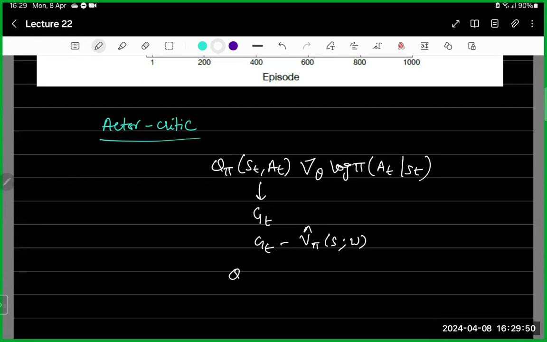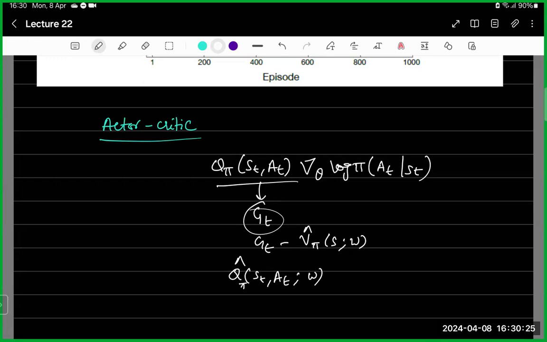If you just use some estimate for Q pi and substitute that instead of Q pi, that is also an actor-critic algorithm, right? Because here we are just taking one sample return and using that as Q pi. Instead of that, you maintain some estimate of your q function and substitute that estimate instead of Q pi. How can you learn this q function estimate?